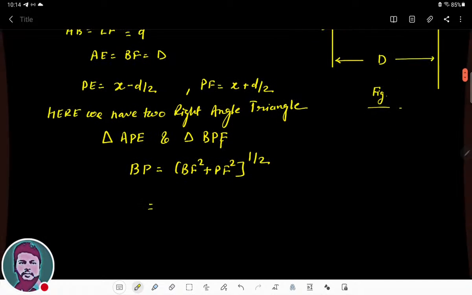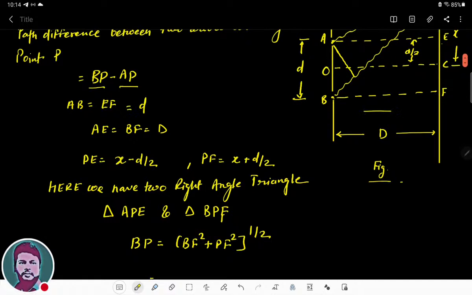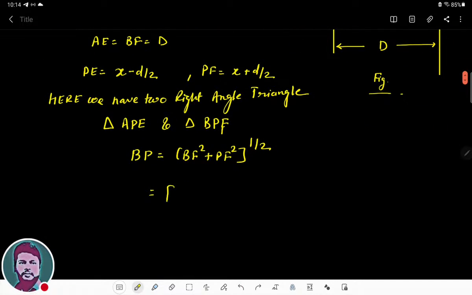The value of BF is d. So we can write d square plus, what is the value of PF, that is x plus d by 2 square, to the power of 1 by 2.